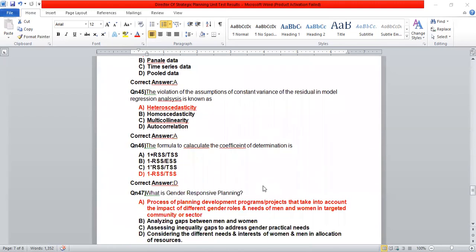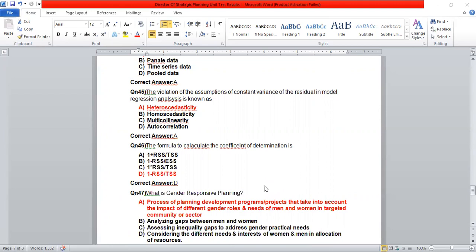Question 46. The formula to calculate the coefficient of determination is 1 minus RSS over TSS.